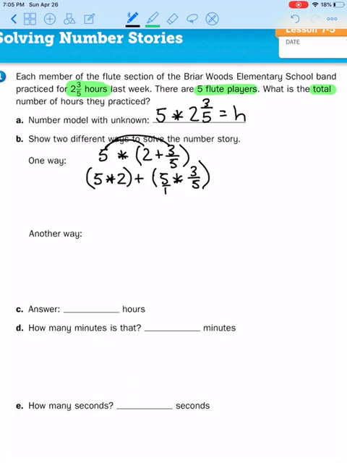And I know that 5 times 2 is 10. 5 times 3 is 15 over 1 times 5, which is 5. And I know that 15 divided by 5. So 15/5 is the same as 10 plus 5.